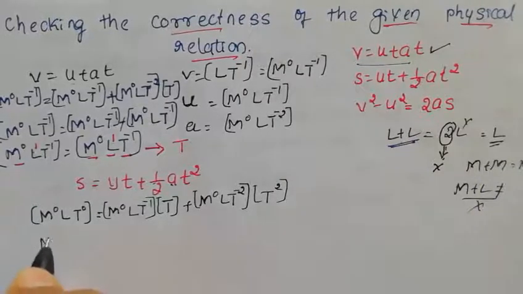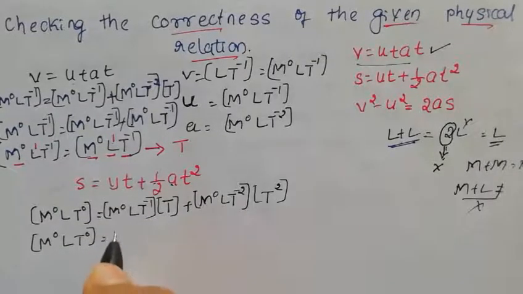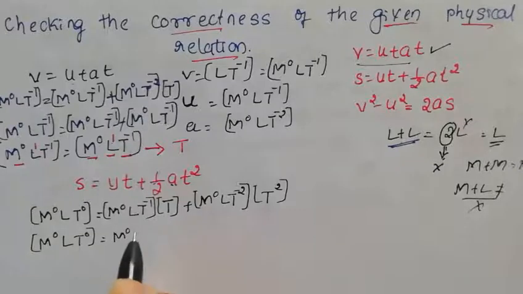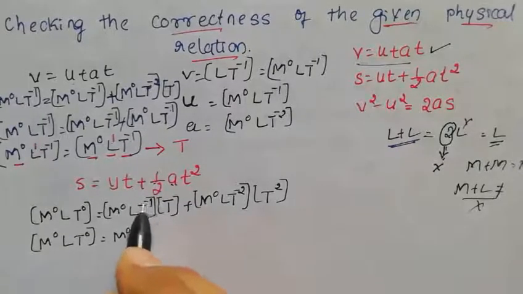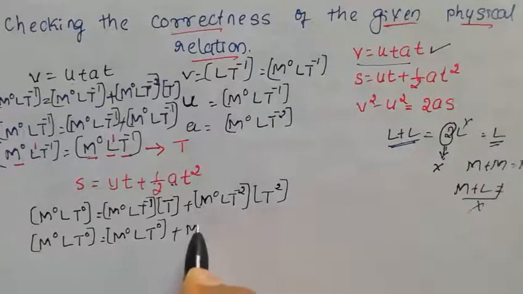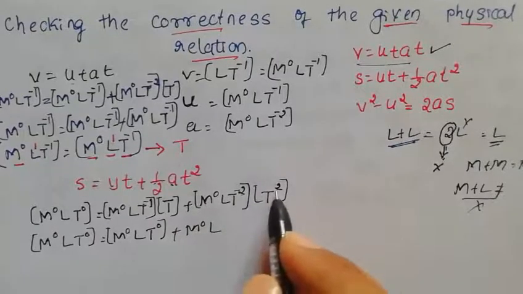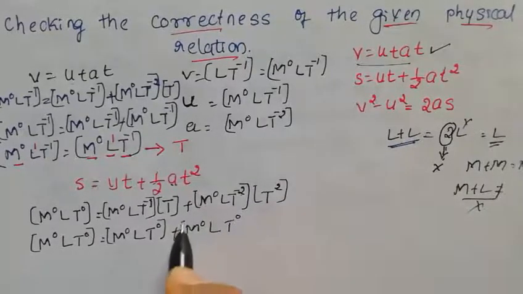Now left hand side I keep it as it is, M power 0, L, T power 0, that is equal to here M to the power of 0, L as it is, T to the power of minus 1, T to the power of plus 1 become T to the power of 0, plus here M power 0, L as it is, T to the power of minus 2 into T to the power of plus 2 become T to the power of 0.